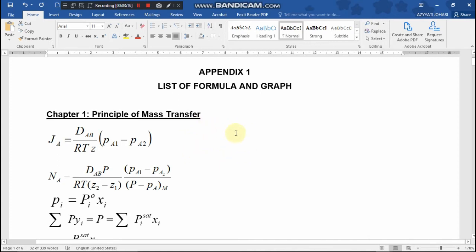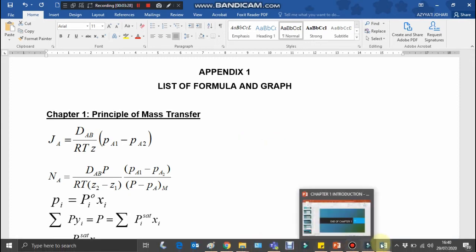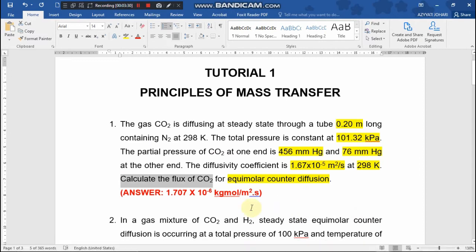Write down the remaining unit after the cancellation. The final answer is 1.070 multiplied by 10 to the power of minus 6 kg mole per m2s. This unit belongs to flux.